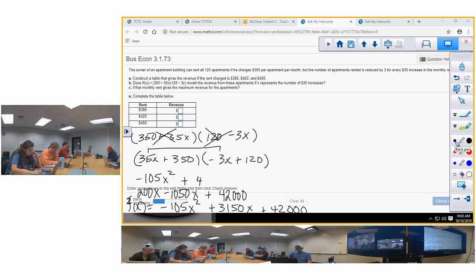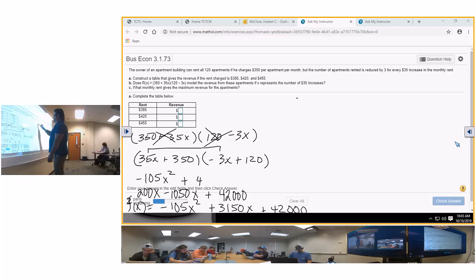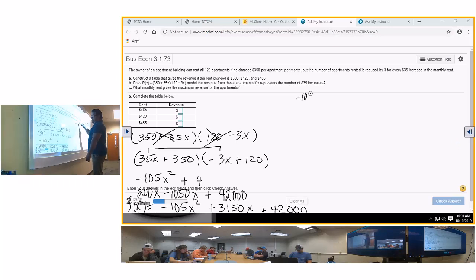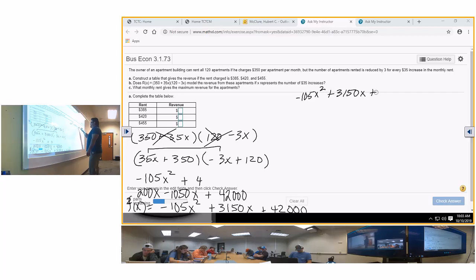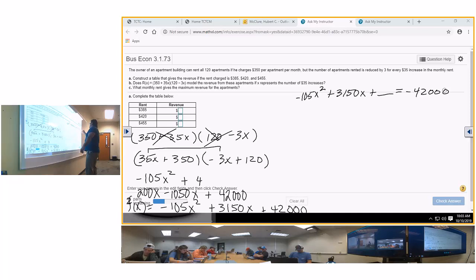Okay, so I'm just going to start it off. Let's see, negative 105x squared plus 3150x plus blank is equal to negative 42,000 plus blank. Factor out negative 105, and that's going to give you x squared.